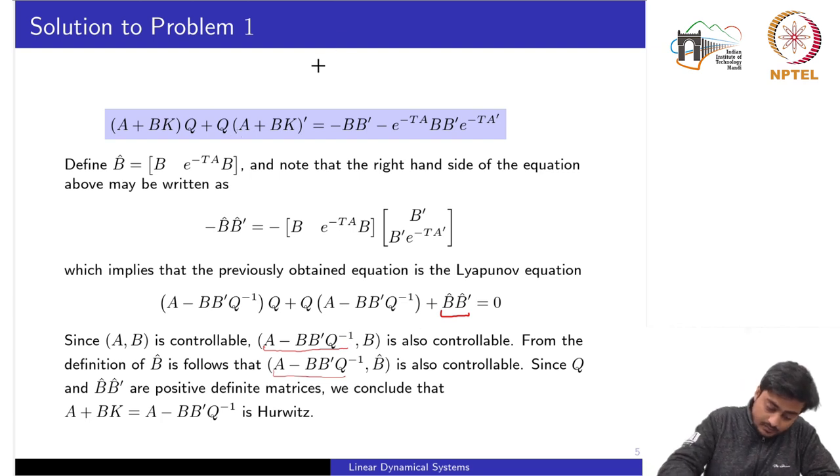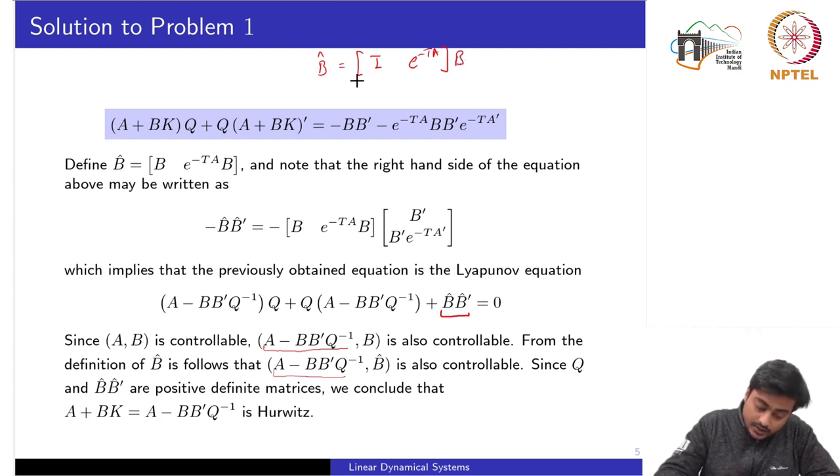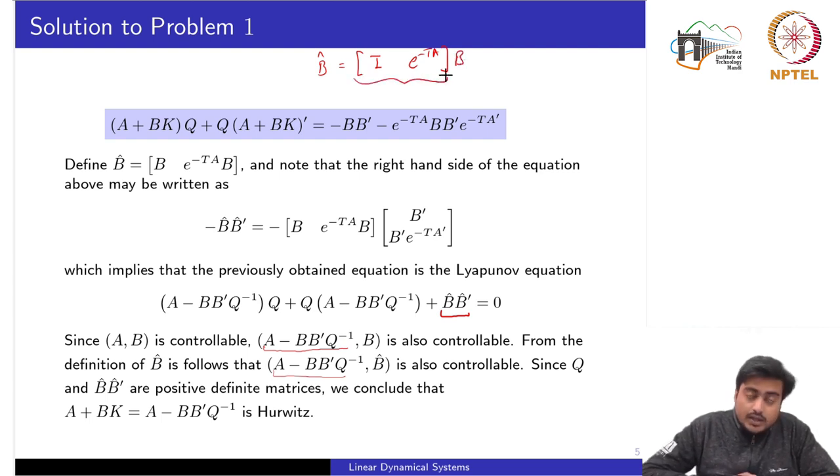Because why? I can express this B hat as I, e to the power minus tA times B. Okay, now this matrix would be a non-singular matrix, definitely. So pre-multiplying with a non-singular matrix would not change much of the properties of the B. The rank would remain the same.